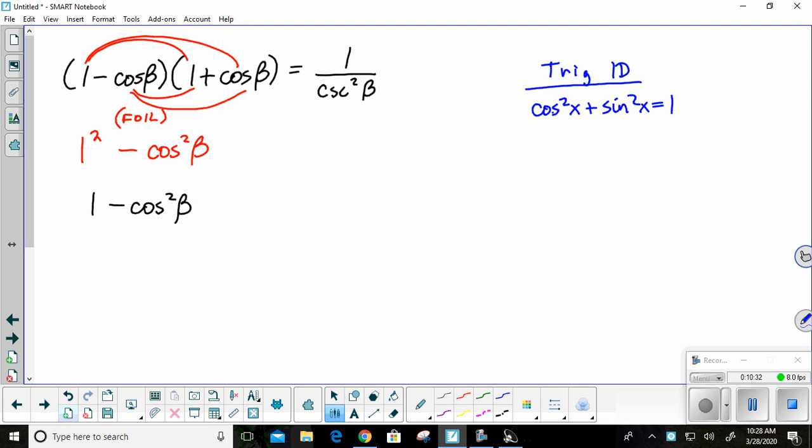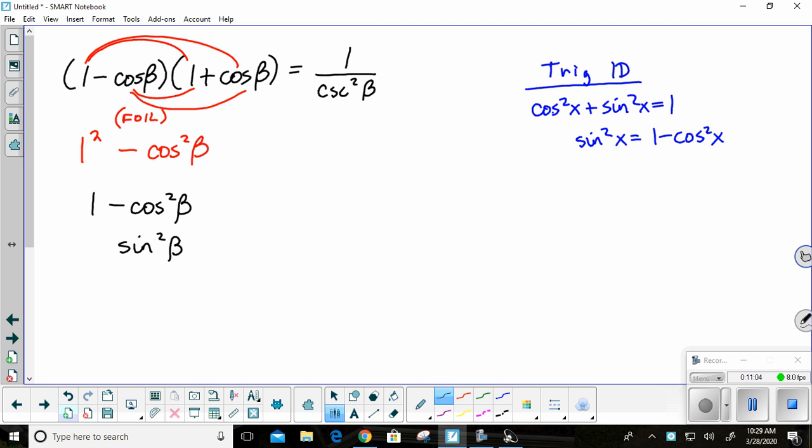So if I move my cosine squared x over to the other side, then sine squared x equals 1 minus cosine squared x. Okay, that's the trig identity. So 1 minus cosine squared beta would end up giving us sine squared beta. Okay. Now, sine squared beta, think about your reciprocal identities.